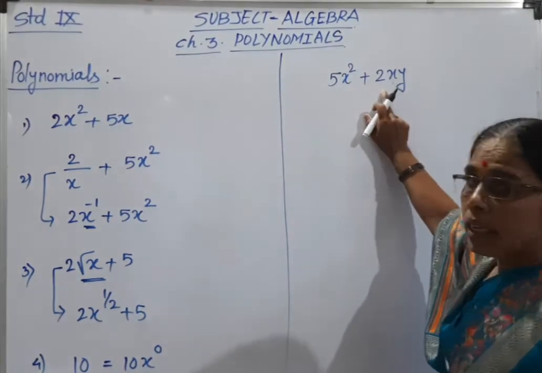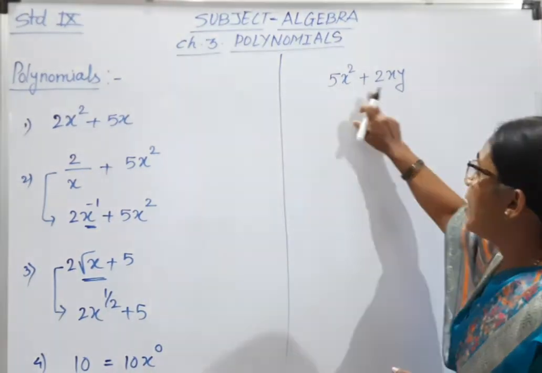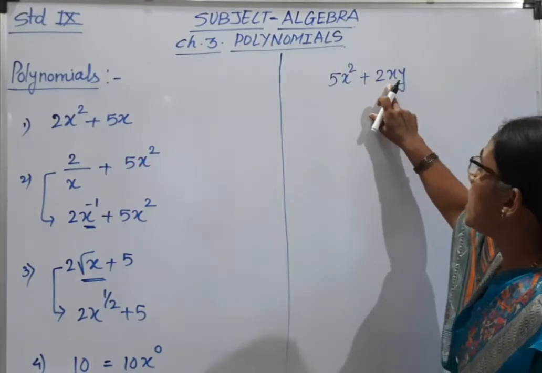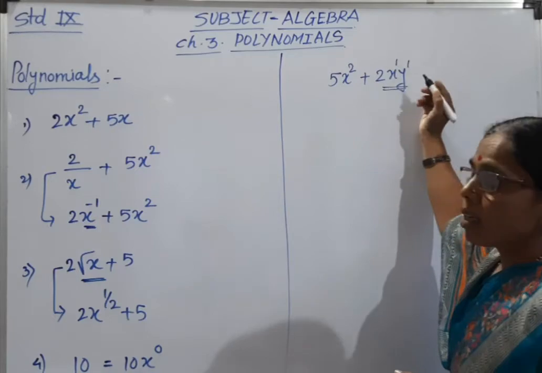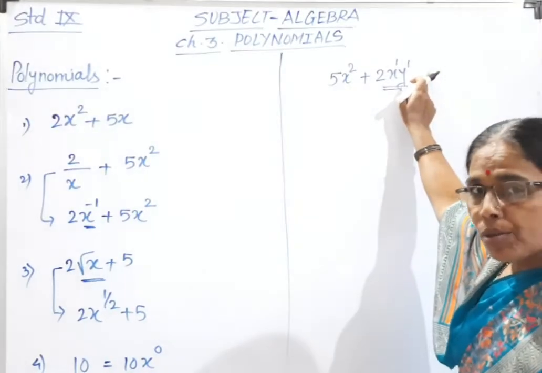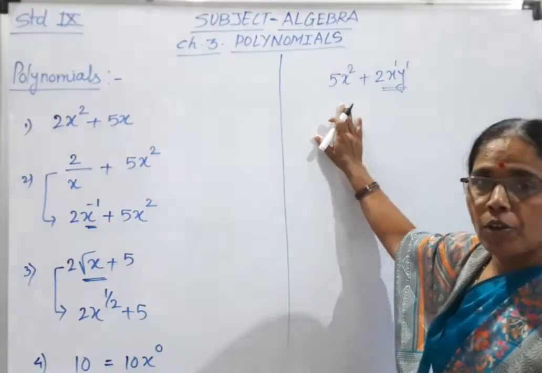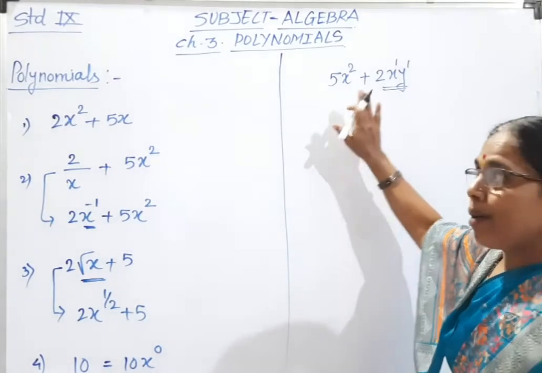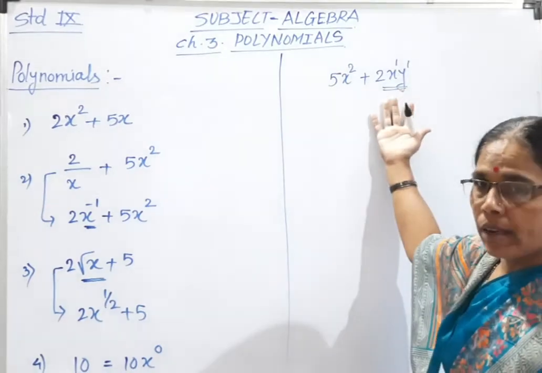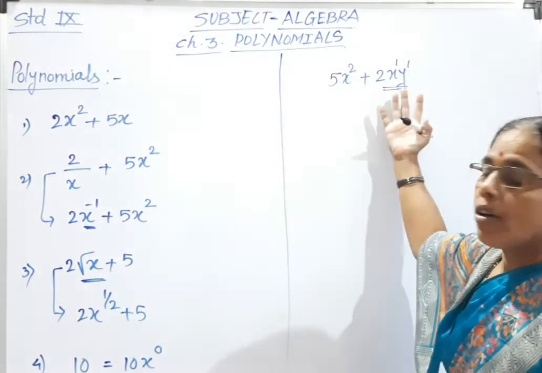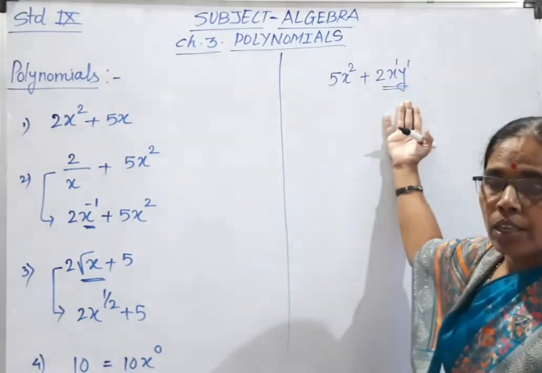If you want to write the degree of this polynomial, here it is 2, and the degree of this term is 1 plus 1, which is equal to 2. That's why the highest degree of this polynomial is 2. But this example is given in more than one variable, meaning two variables are used.